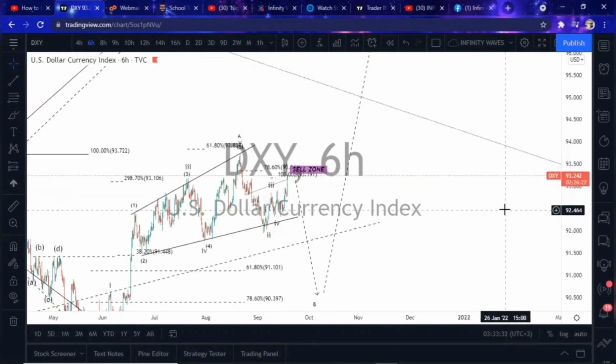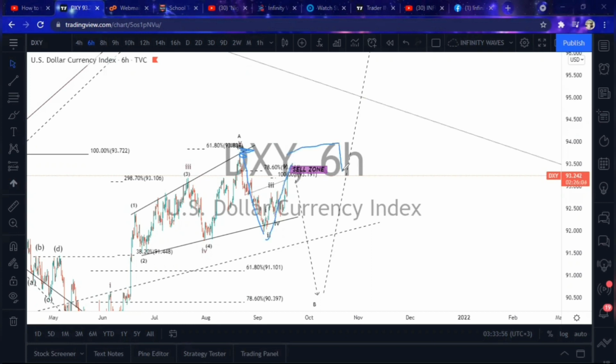Now for DXY, we've been expecting this kind of movement all the way from these areas, from 93,837 levels coming all the way down to these sections. Last week we were trading this move to the upside.